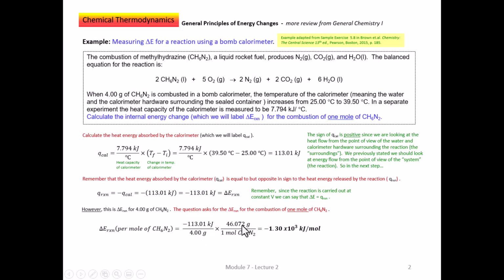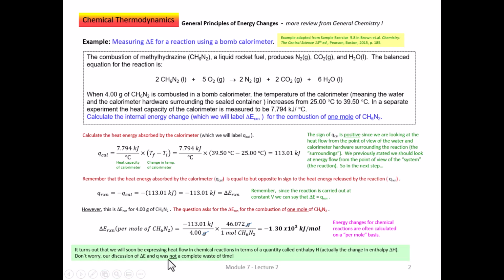We're going to multiply it by the fact that 46.072 grams of methyl hydrazine is a mole of methyl hydrazine, and we get minus 1.3 times 10 to the third kilojoules per mole. Turns out that energy changes for chemical reactions are often calculated on a per mole basis.